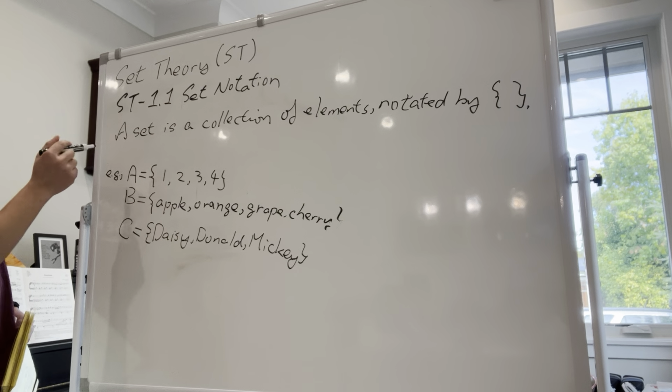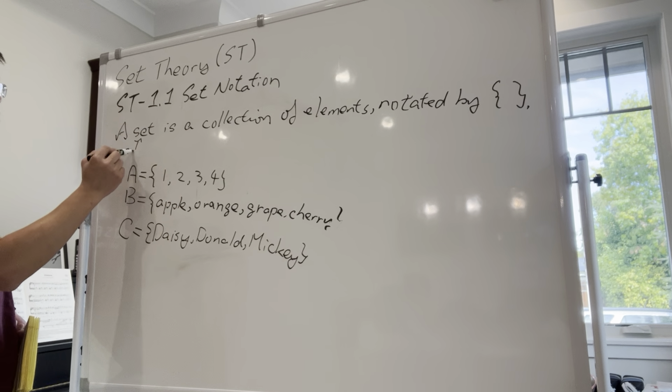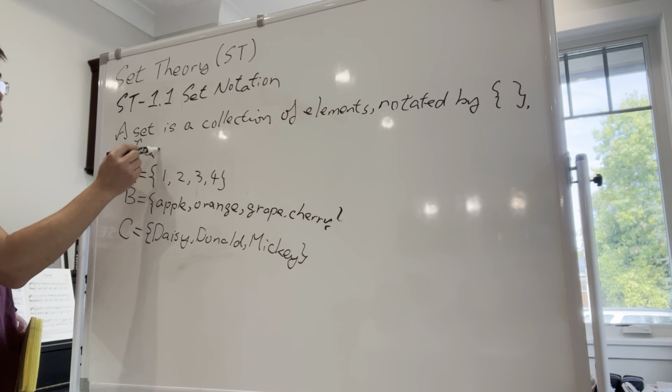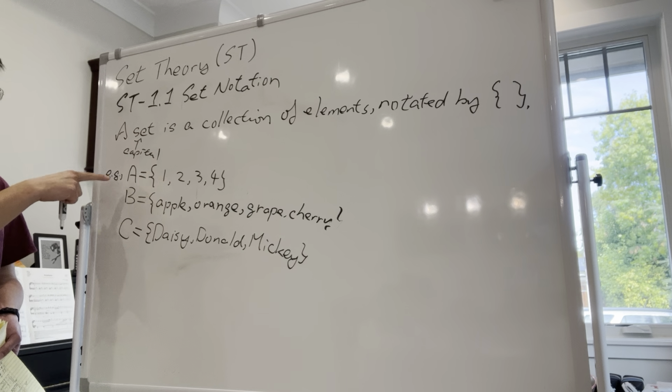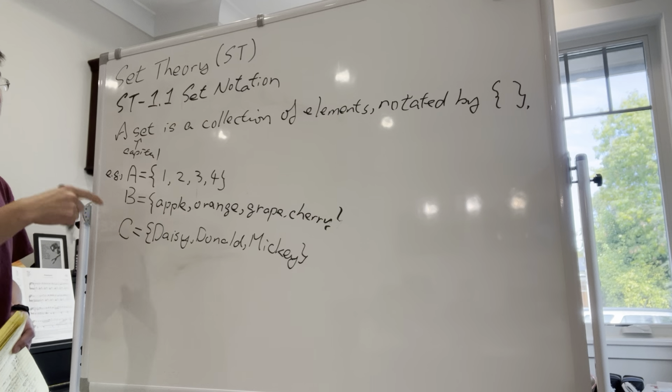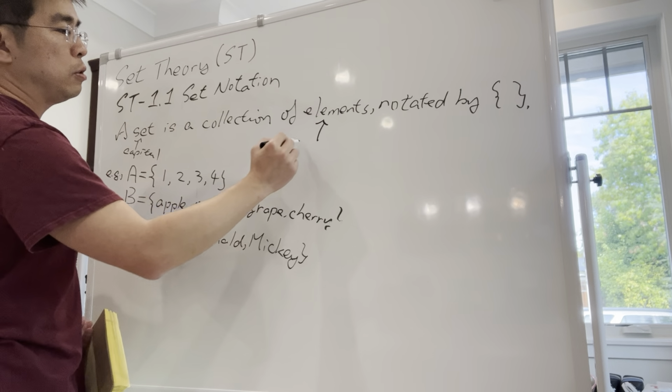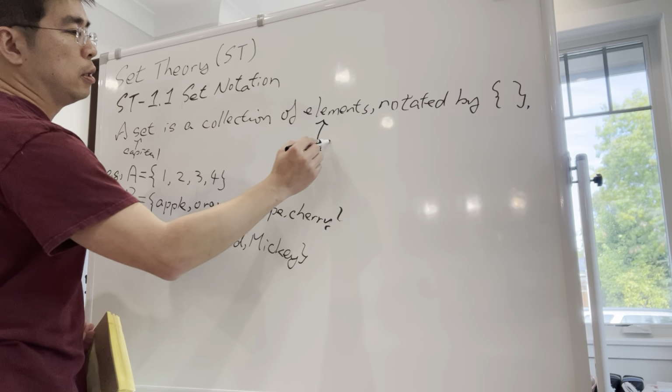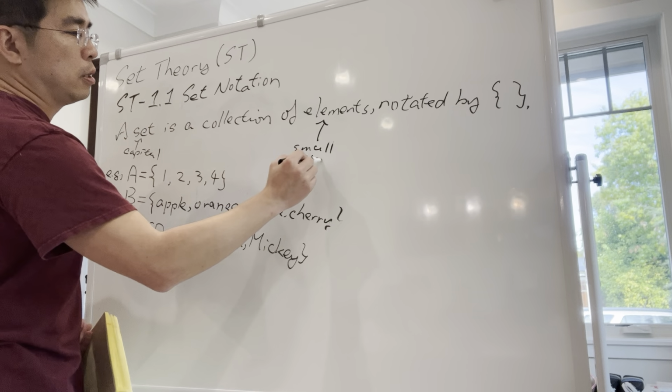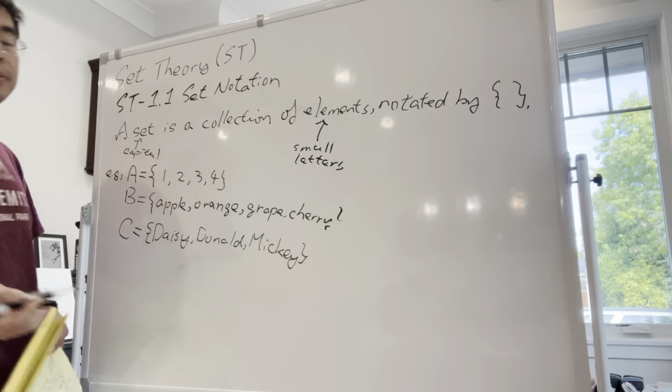Now, it is a convention that we usually use capital letters to describe sets, like A, B, and C, and small letters to describe the elements.